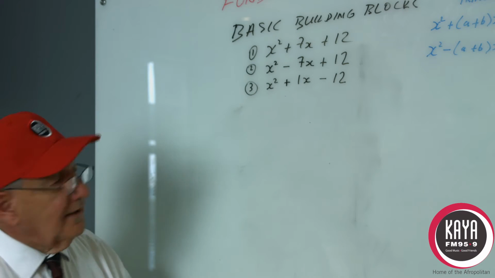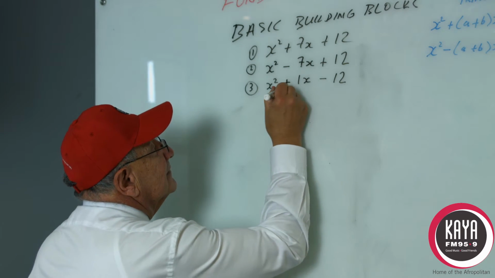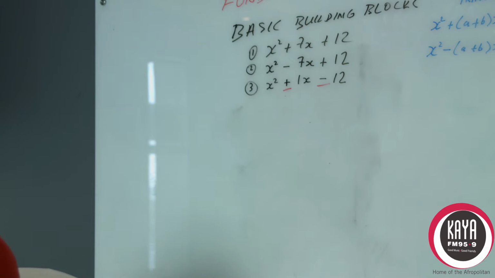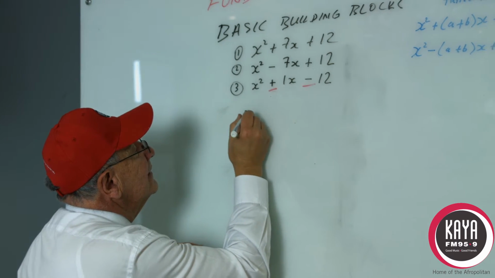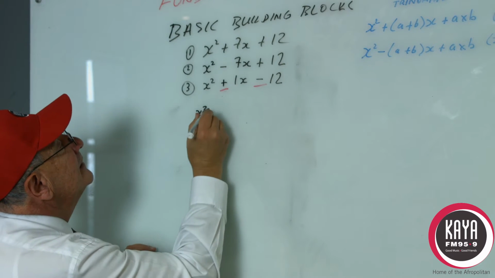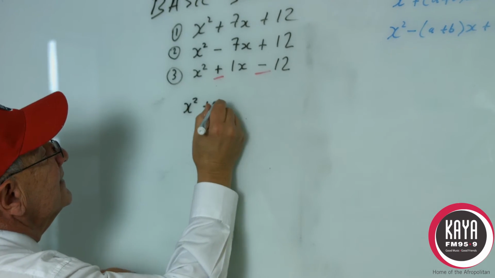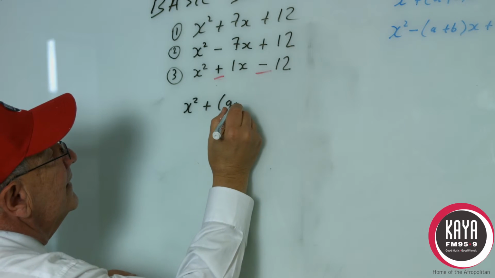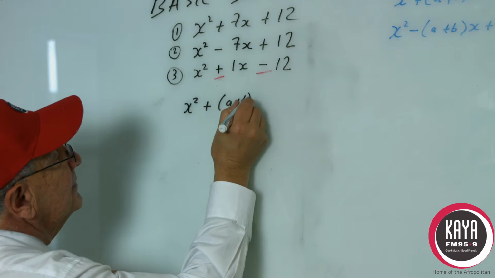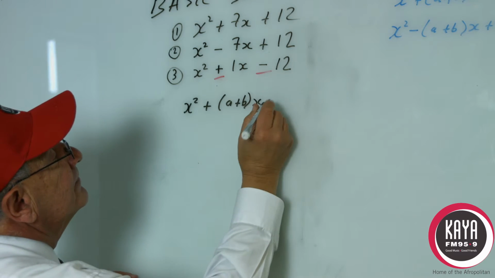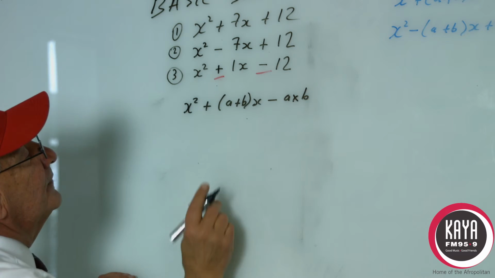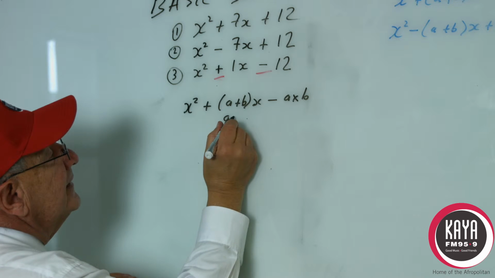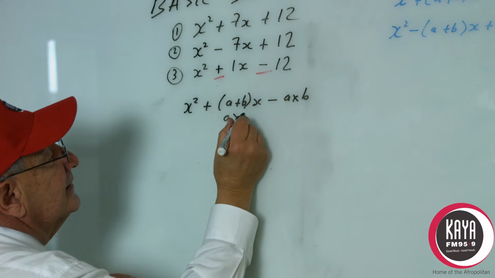So if we look at the general solution, we're going to have x squared plus (a plus b)x minus a times b, where a has to be greater than b.